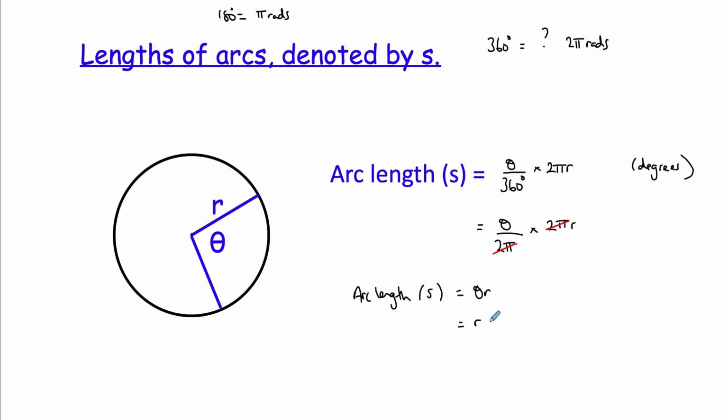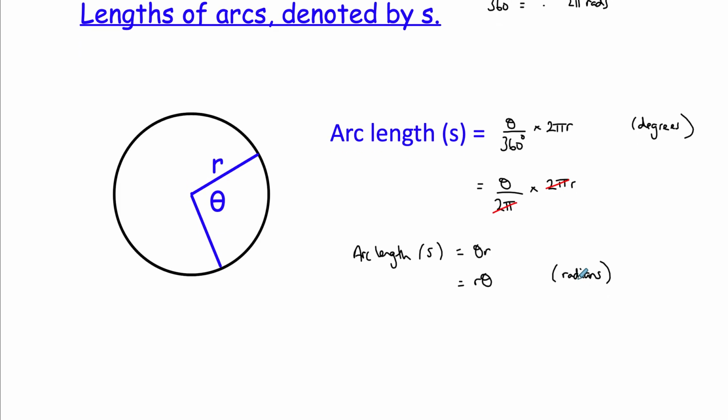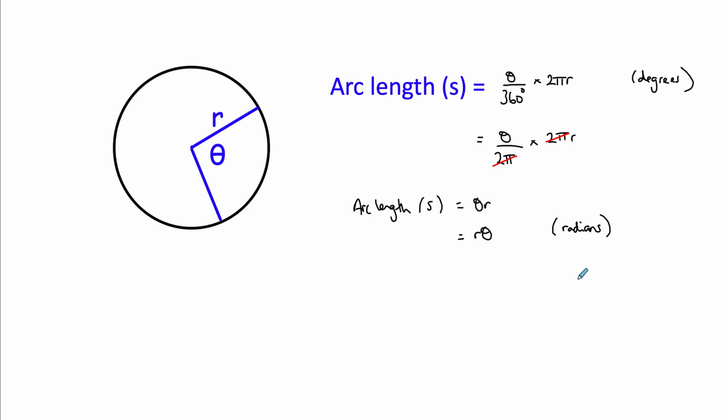We usually put the r first, so arc length is equal to r theta if we're working in radians, which is really simple and straightforward. You can do it in your head quite often. And you've got rid of all your pi's, so it can be written in exact form really easily. We're not going to have loads of decimals flying around. So arc length is equal to r theta when working in radians.